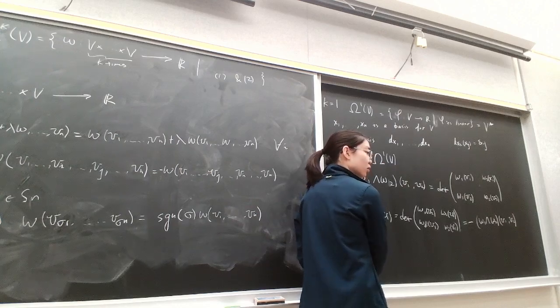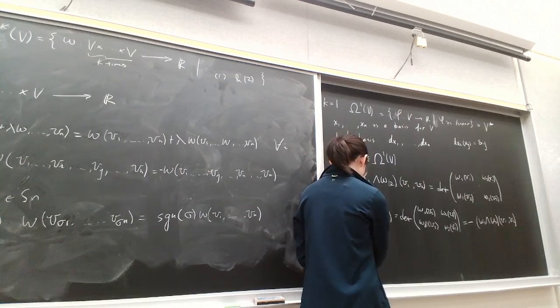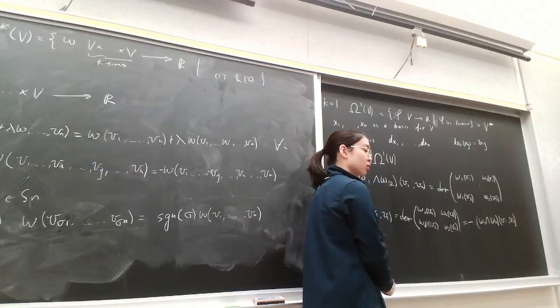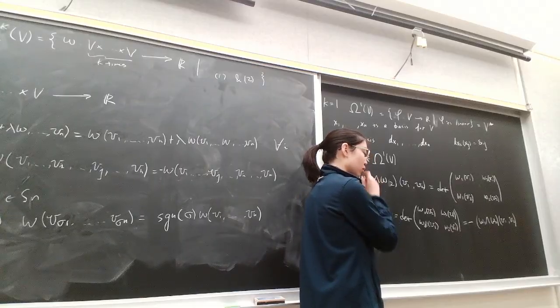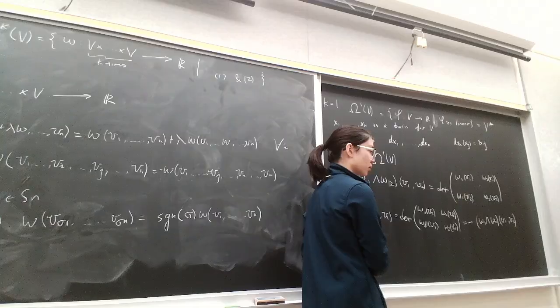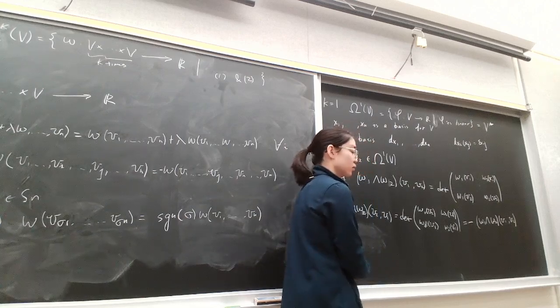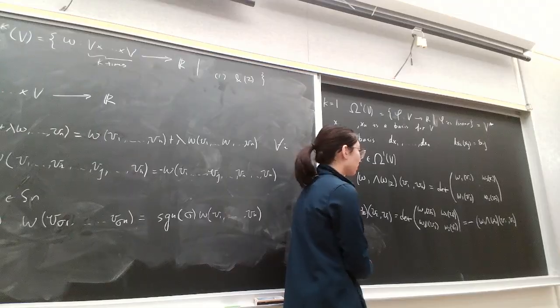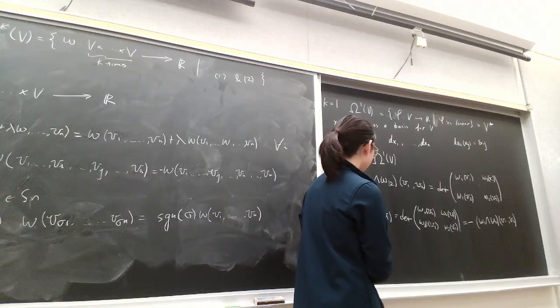There's a little bit of an addition to this, because you have omega 1 and omega 2, and these are forms over the vector space, and this vector space might be more than 2 or 3 dimensional. The point is that this kind of projects onto some subspace defined by omega 1 and omega 2. Do you see this?